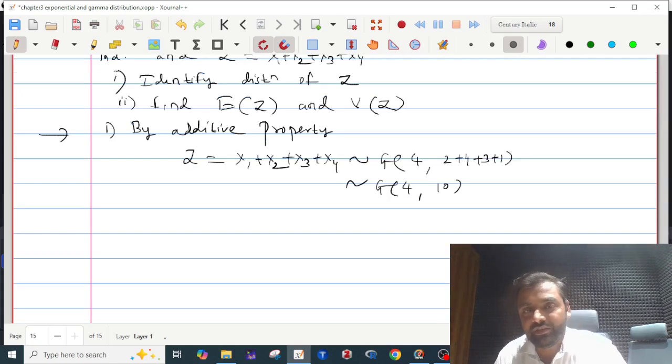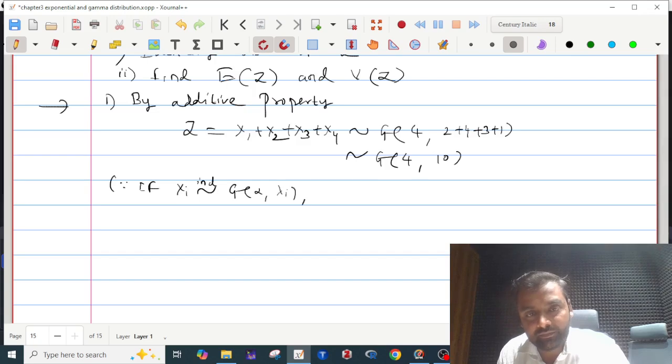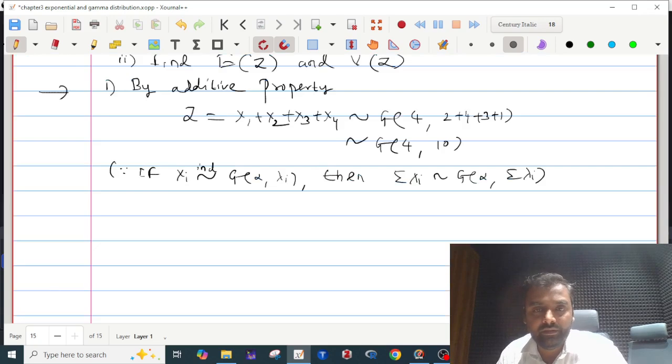Which property have we used here? If xi independent, gamma alpha comma lambda i, then by additive property the sum follows gamma with alpha fixed and lambdas added. This is the first part.